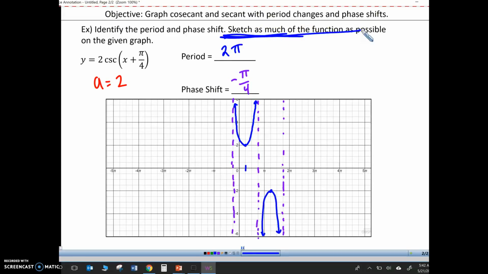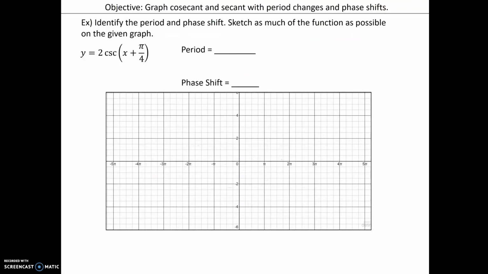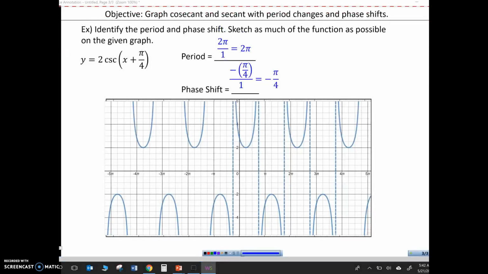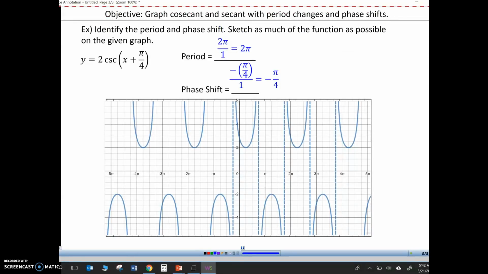I'll save you the boringness of watching me repeat this, and I'll bring up the graph. If you want to copy down this example, we have your points again at 2 and -2, and then they repeat about every pi. Okay, so that is the example of cosecant of x.